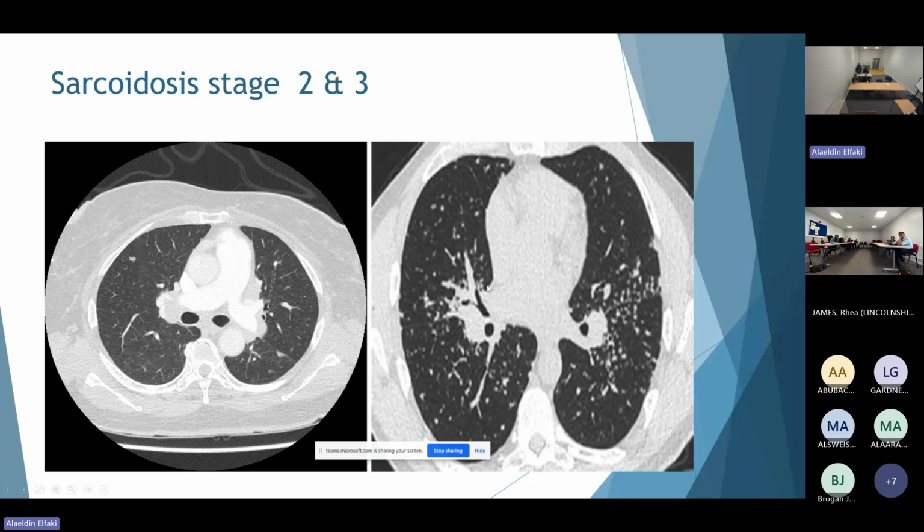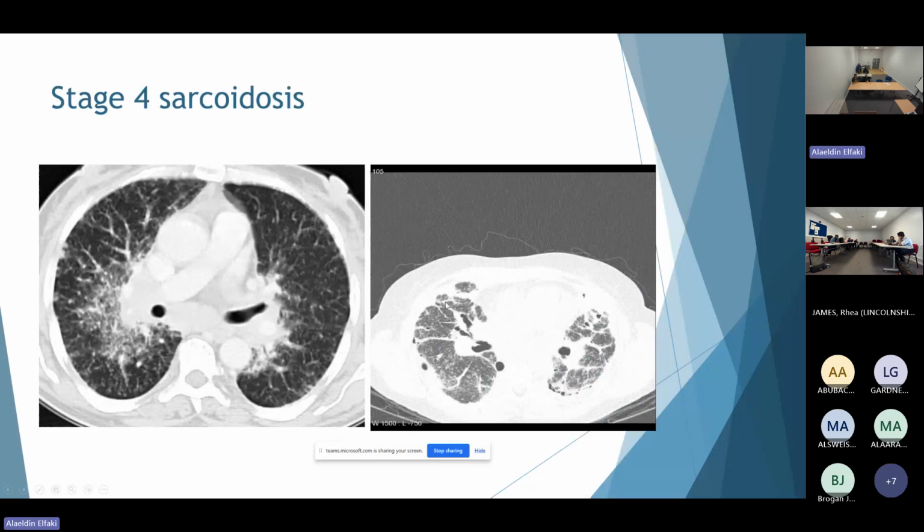In stage 3, there is a predominant nodularity of the lung without fibrosis. And in stage 4 sarcoid, as we say, 10% might end up with lung fibrosis.